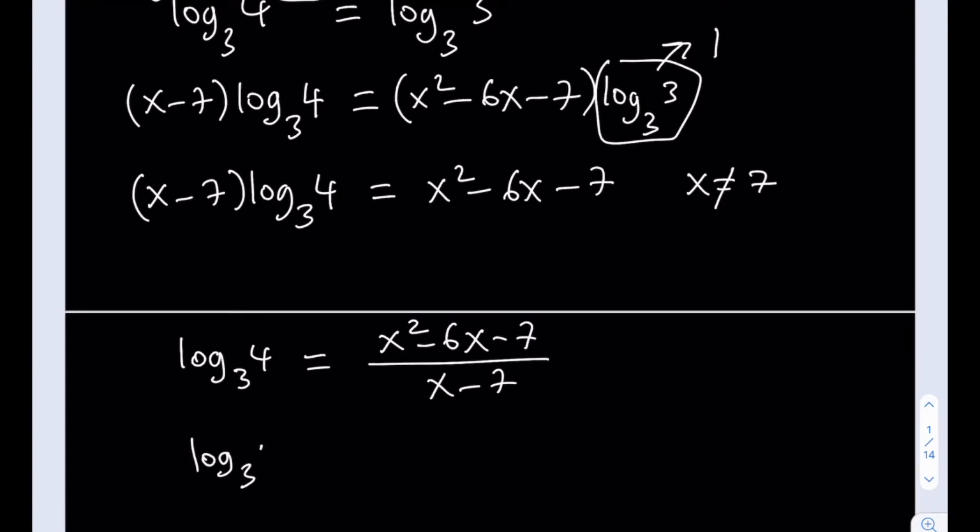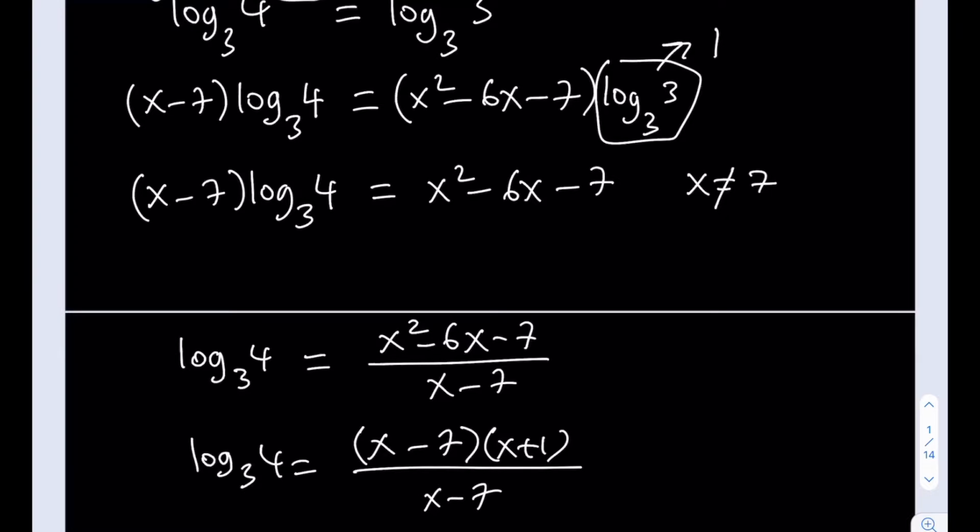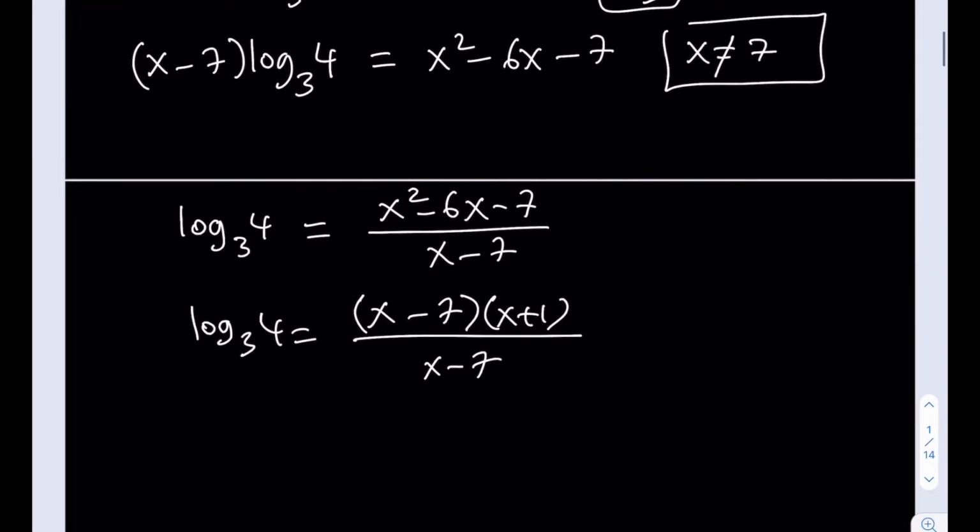So I can go ahead and write it as x minus 7 multiplied by x plus 1. And then this one is x minus 7. Now, remember our assumption. x does not equal 7 at this point. So I'm able to simplify this fraction. Go ahead and cancel them out. And we end up with a simpler equation. Log 4 with base 3 is equal to x plus 1.